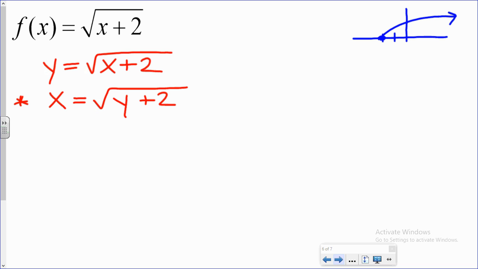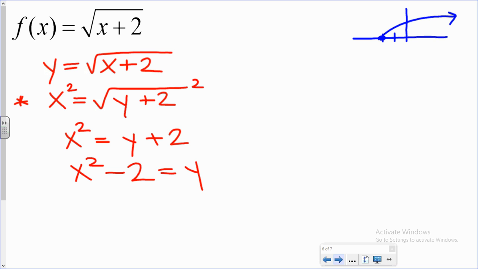Okay, so what's our first step in solving for y? Square both sides. Don't be afraid to speak up. All right, we need to square both sides. So we have x squared equals y plus 2. X squared minus 2 equals y.